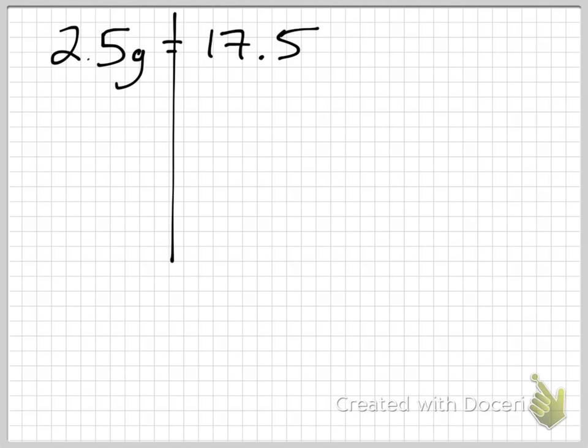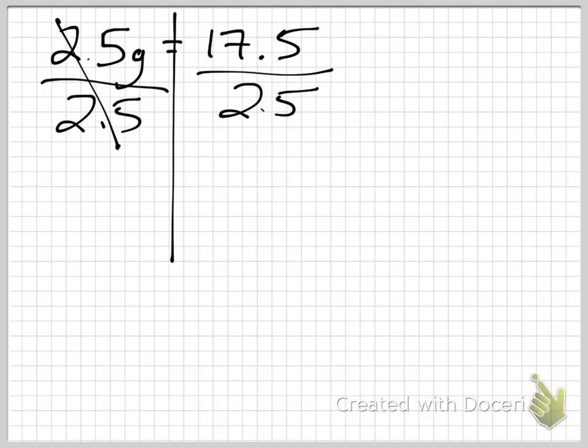Line down the equal sign. Variable happy? No. He's being multiplied by 2.5. What's the opposite of multiply by 2.5? Divide by 2.5, right? If I divide that side by 2.5, I have to divide this side by 2.5. Those 2.5s are gone.